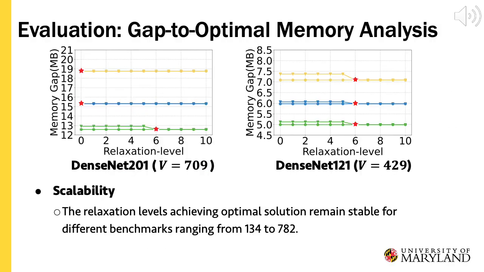Even with the size of our computation graph benchmarks ranging from 134 to 782, the relaxation level to secure optimal peak memory results remained consistent. This demonstrates IncLP's robust scalability across diverse benchmarks.